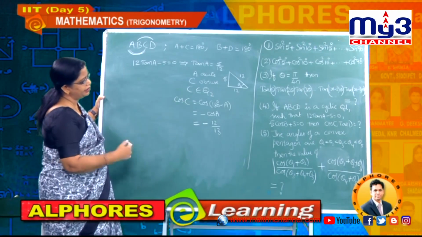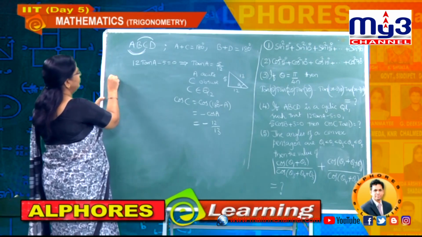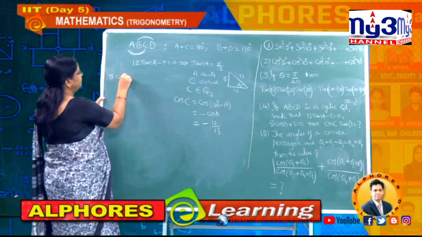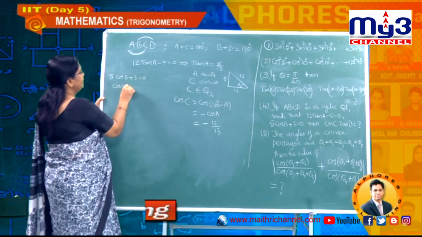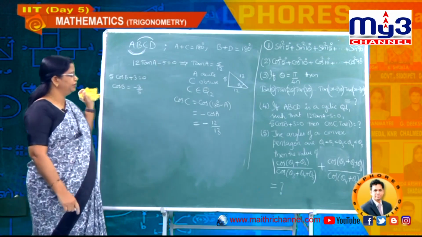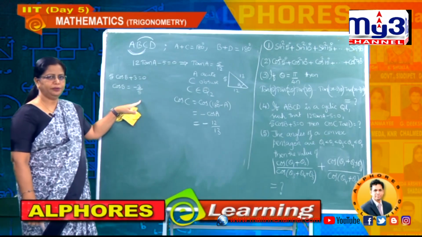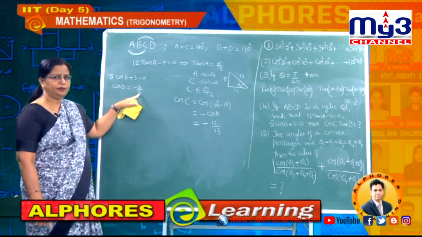And let us take the next condition. What is the next condition here? 5 cos B plus 3 equal to 0. Okay. Then cos B equals how much here? Minus 3 by 5. Same kind of discussion. You got a negative cos value, which implies B is an obtuse angle.